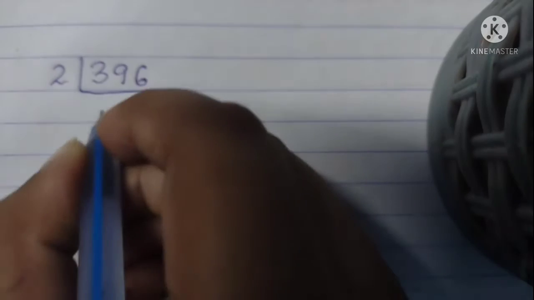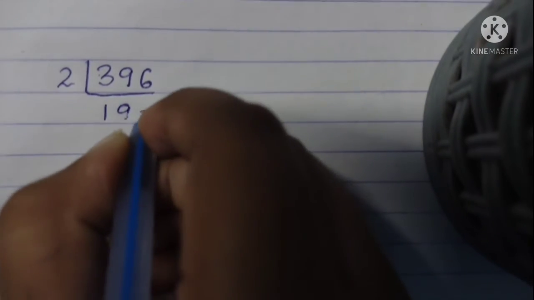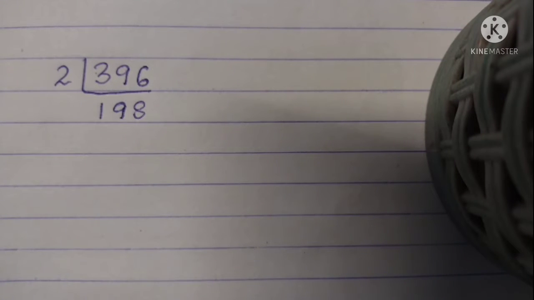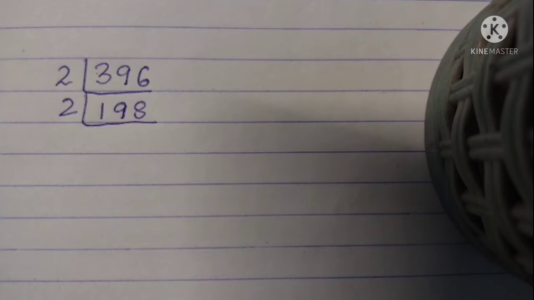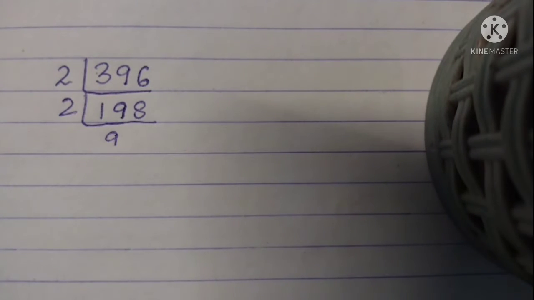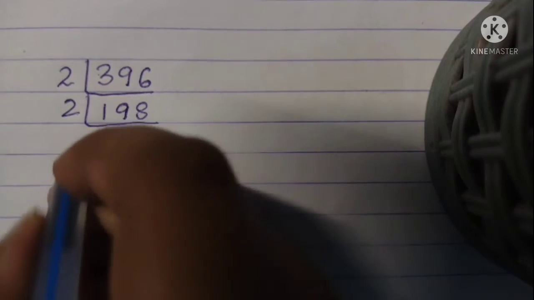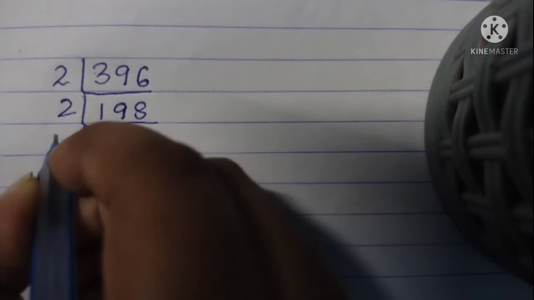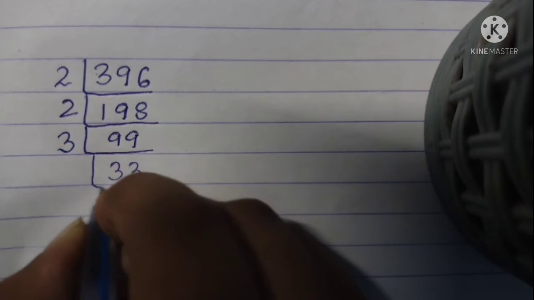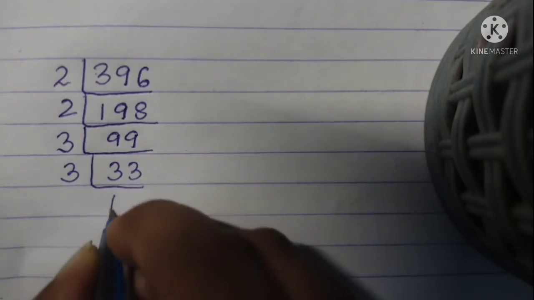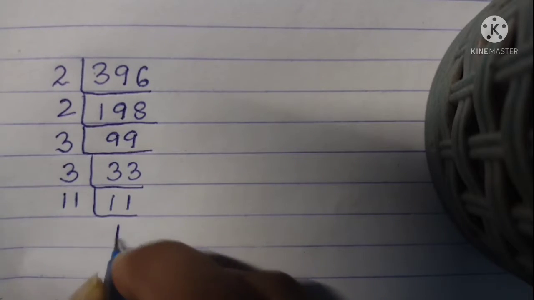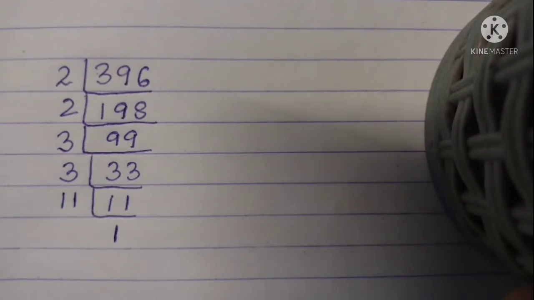It is divisible by 2. 198 is the quotient. 198 is divisible by 2. The quotient is 99. 99 is divisible by 3. The quotient is 33. It is also divisible by 3. 11 is the quotient. 11 is a prime number. Quotient is 1.